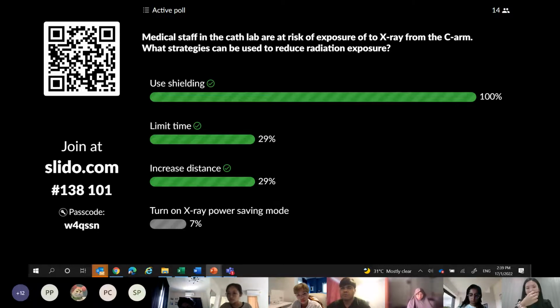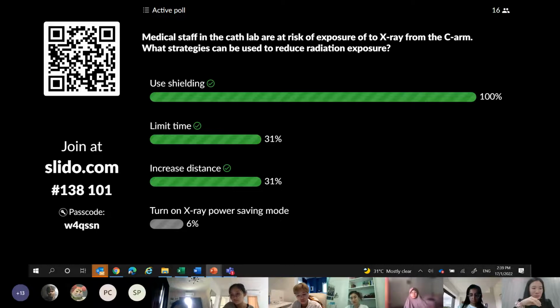There are 3 right answers, which I think most of you got. Actually, you're right, the X-ray power saving mode, I don't think there's actually such a mode. I just typed in an answer to imitate a phone with a power saving mode. We actually don't do that.